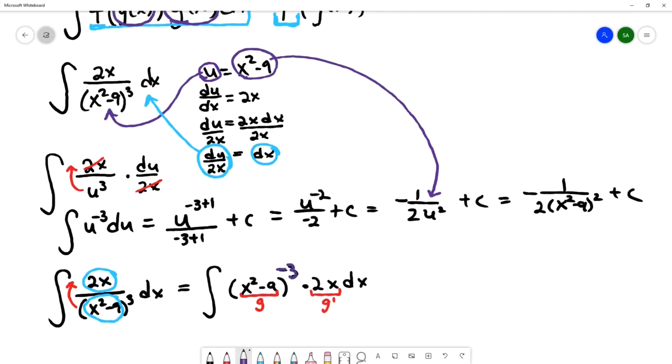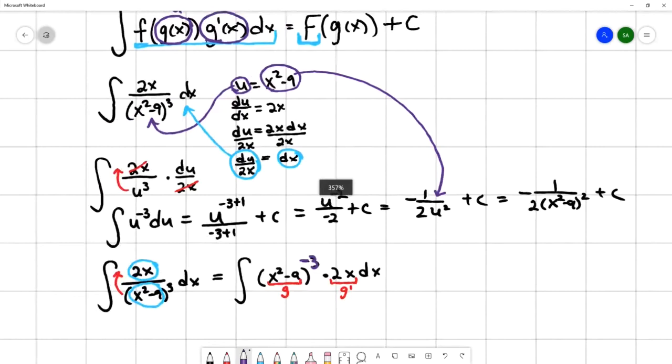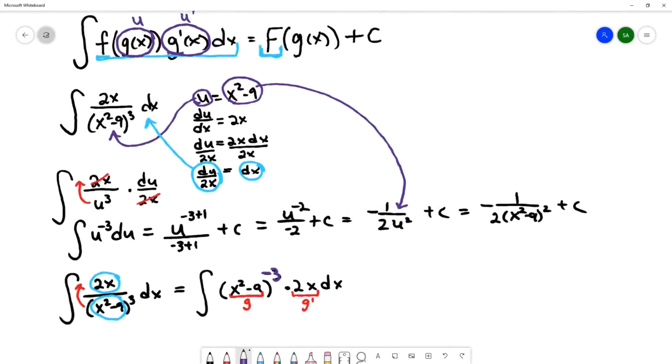And I have matched this to the pattern that we were looking at earlier. The pattern we were looking at earlier has an outside function, an inside function, and the derivative of the inside function.